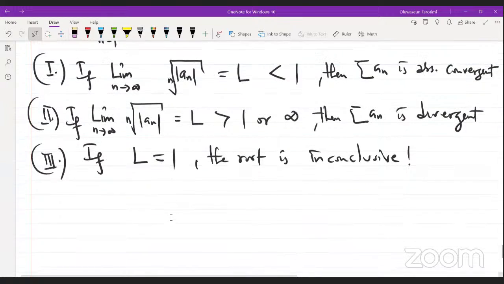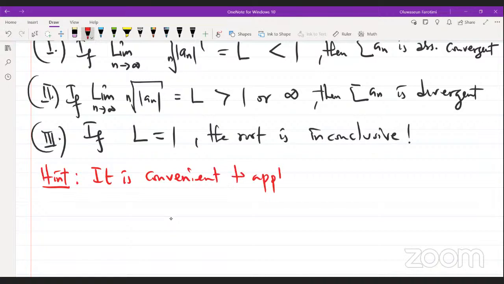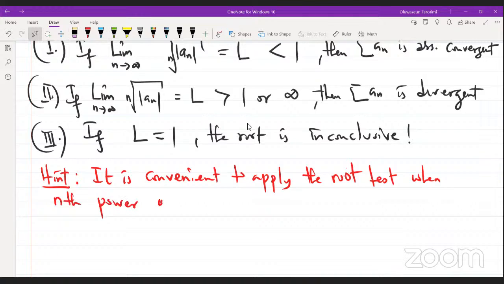Now, let me give you a hint. This may come in handy at some point. It is convenient to apply the root test when an nth power occurs.